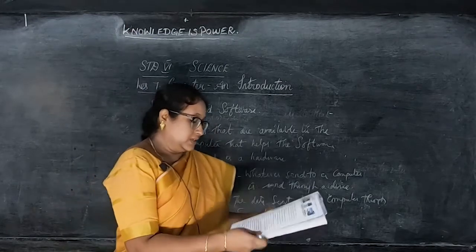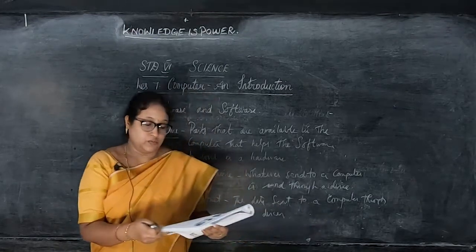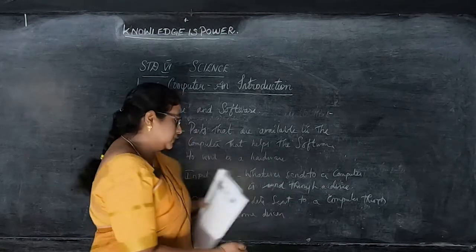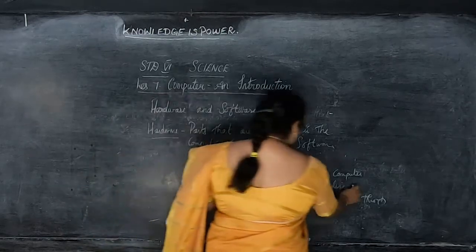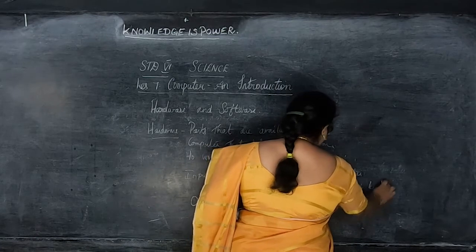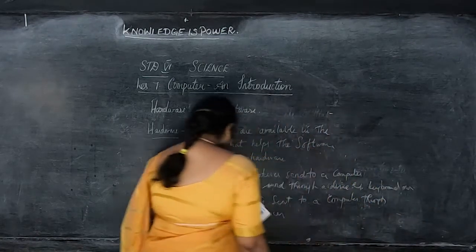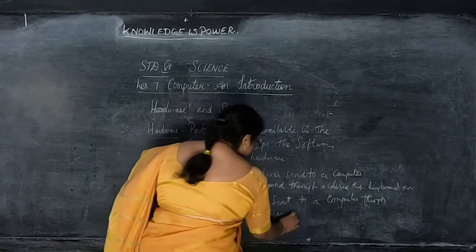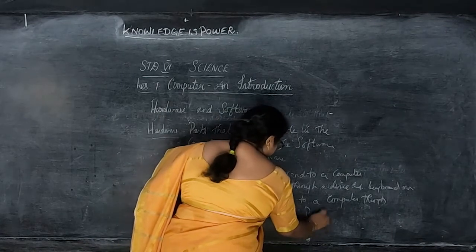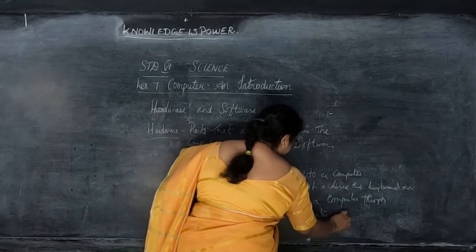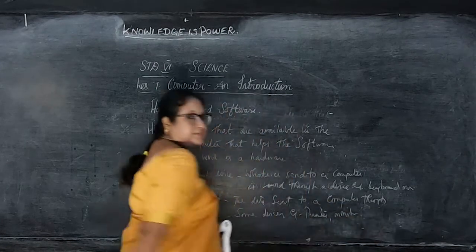Okay, children, for example, printer, monitor and so on. So for input, what are the examples I said? Keyboard, mouse and so on. And for output, printer, monitor. Right, children?